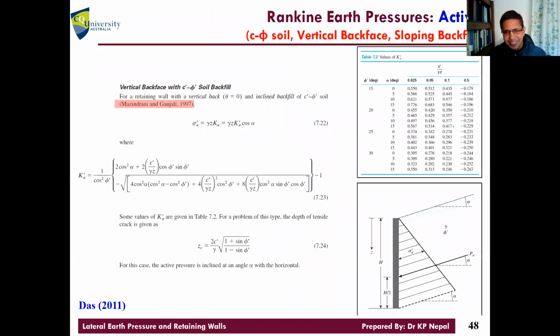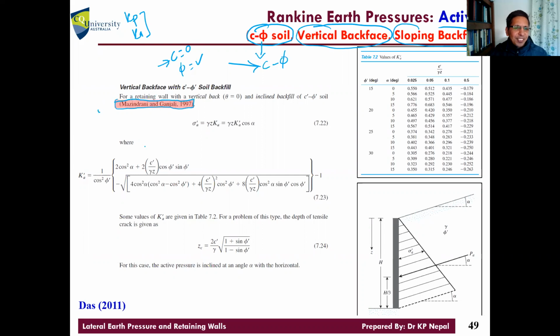Now, another case. You see now, c-phi soil, the vertical back face is still there, the back of the wall is vertical, but there is a sloping backfill. But in the case of a c-phi soil, the formula before was for c equals 0, only phi. You understand that the Kp and the Ka I discussed before were only for when c was 0. These guys took a very long time to derive this relationship.